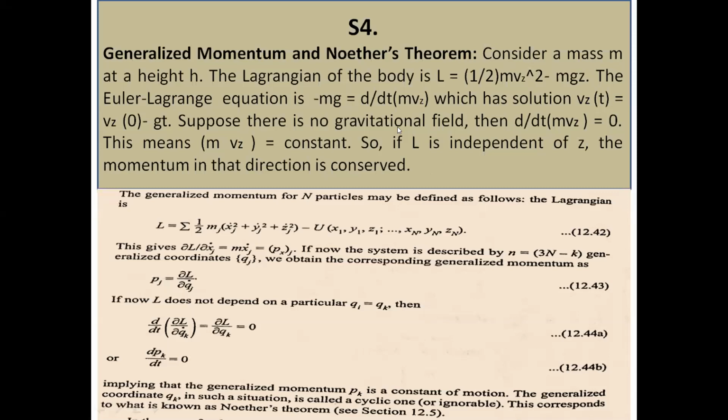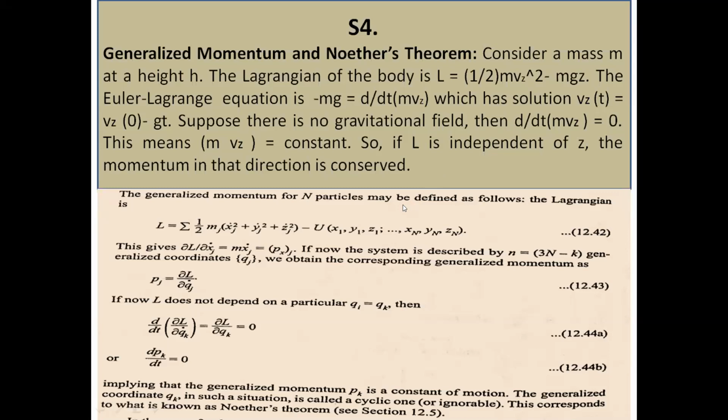The theorem, put in very simple words, is just this: if the Lagrangian is independent of a certain coordinate x or y or z, then the conjugate variable, which is momentum along either the x or y or z direction, will be conserved.